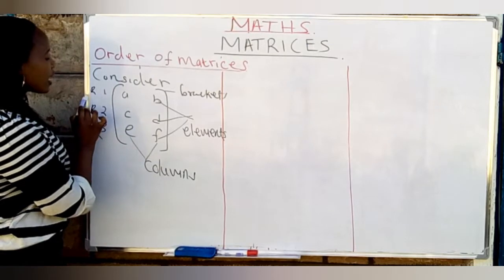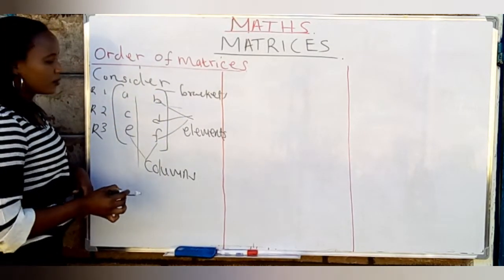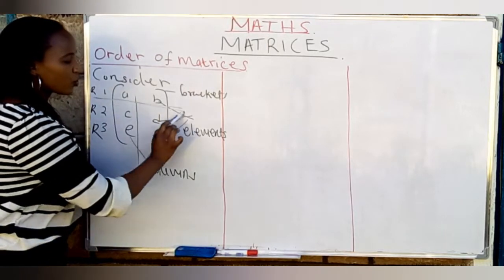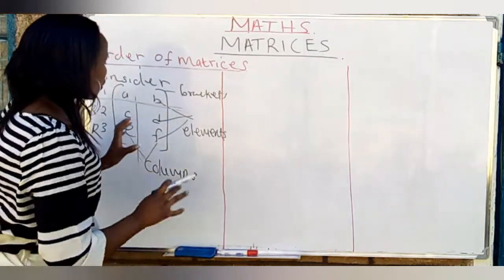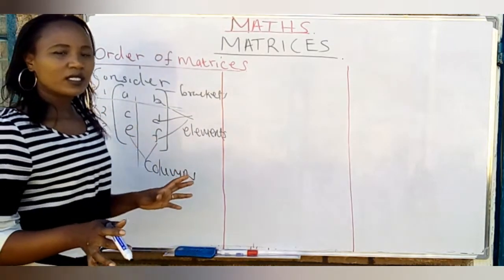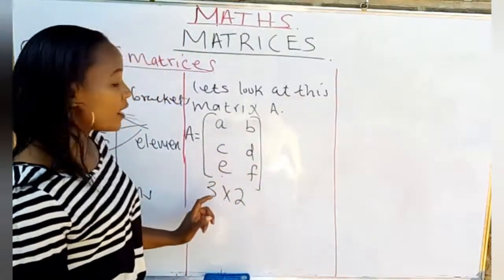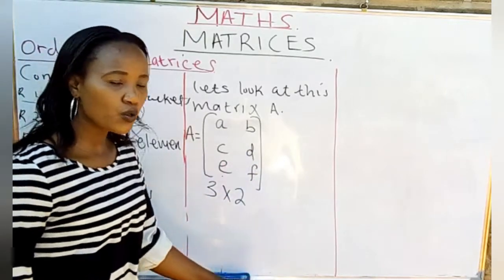So rows are horizontal and columns are vertical. So basically that is what matrices entail. So in this case, this matrix has 3 rows and 2 columns.